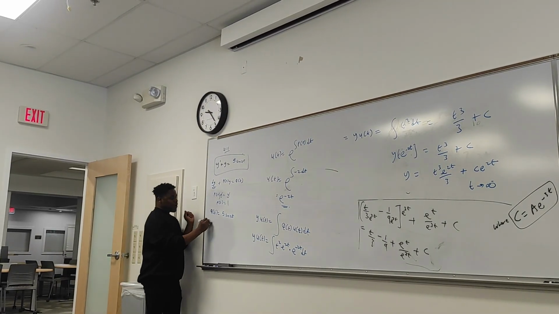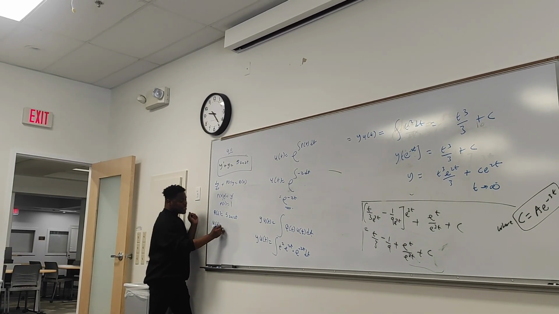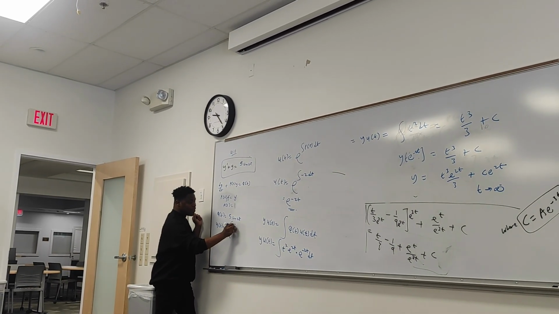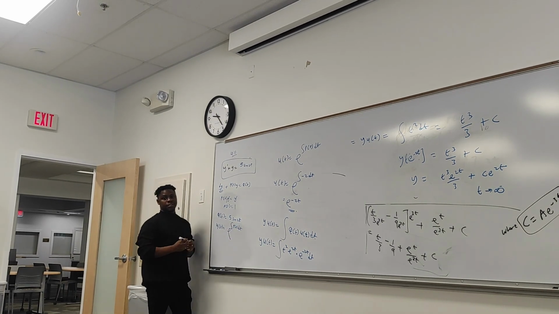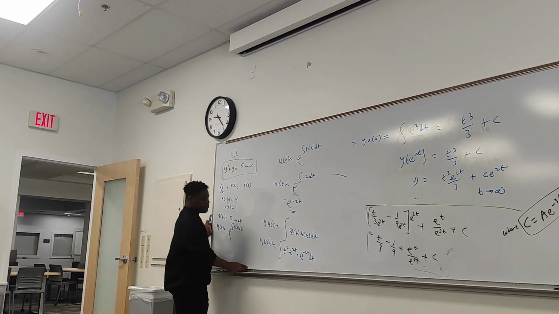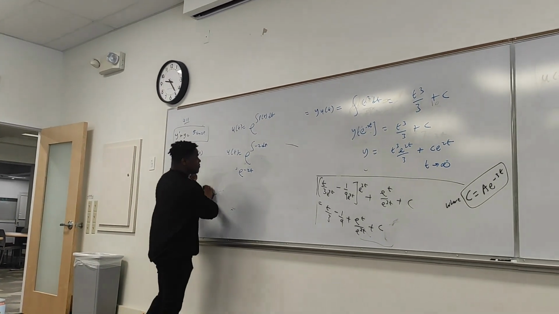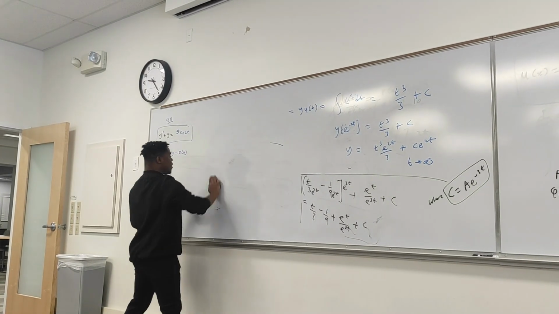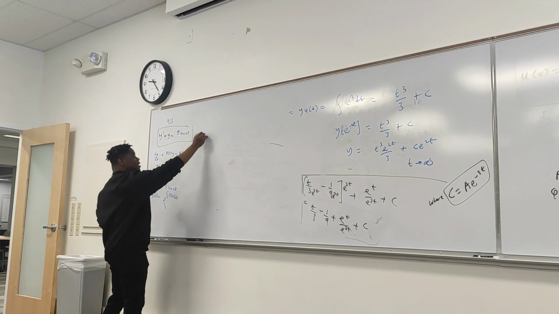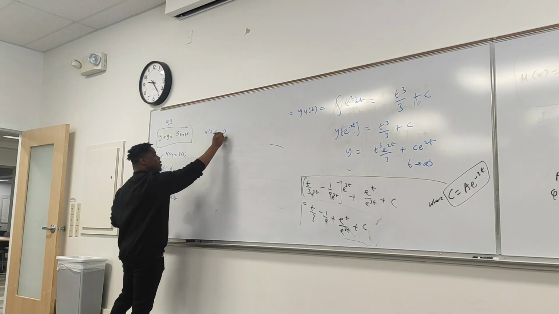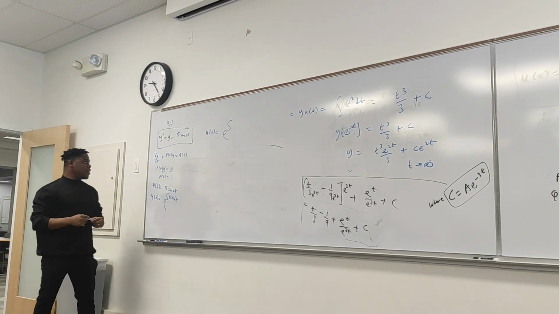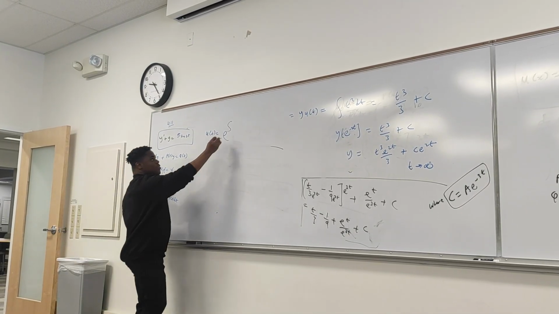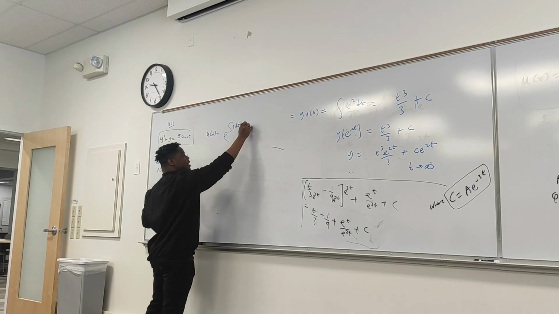Great. So our integrating factor mu of t is simply exponential integral p of t dt. That's it. So if we do it that way, our mu of t becomes exponential integral of 1 dt, that's exponential t.